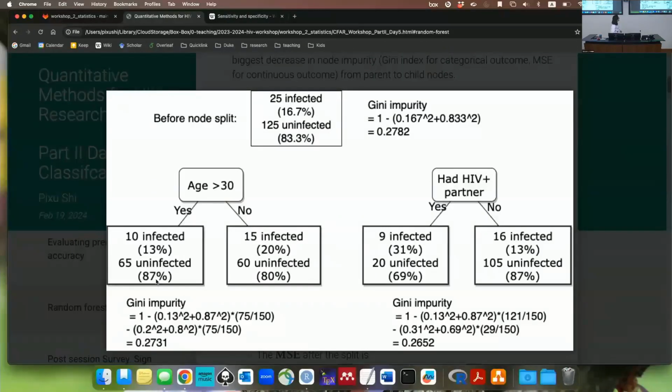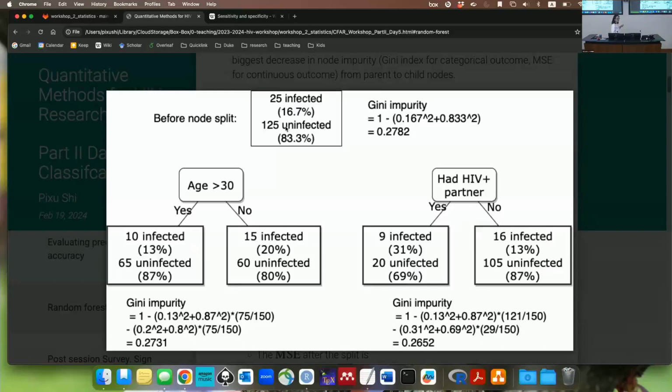For each node, you're going to have a continuous distribution of the outcome, and then you calculate how much variance there is in this node, and how much variance there is in the parent node. If you do a good split, then the sum of the child variances should be smaller than the parent variance.